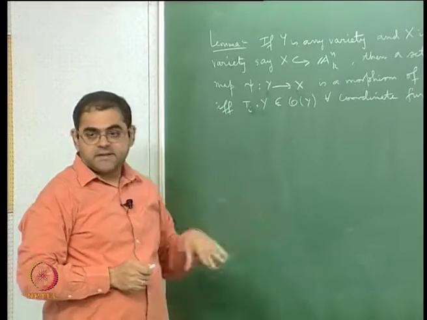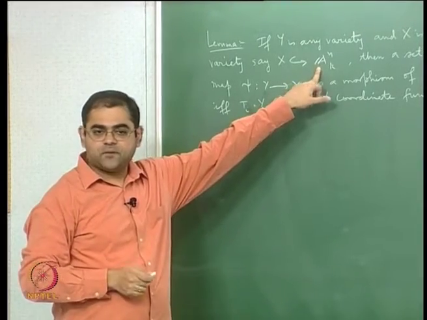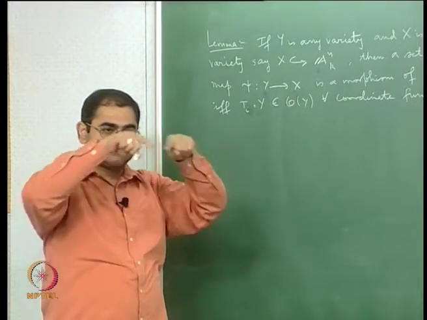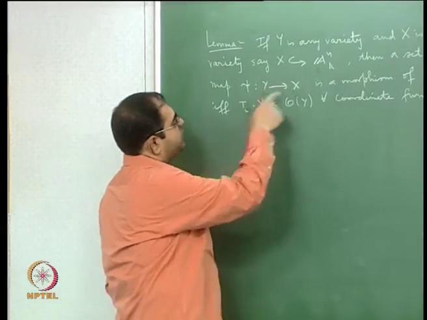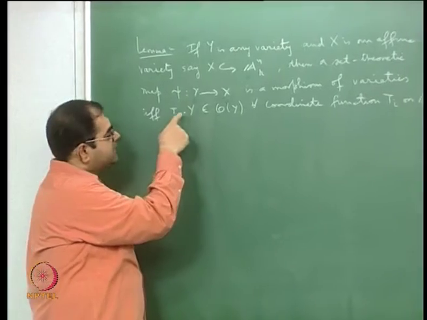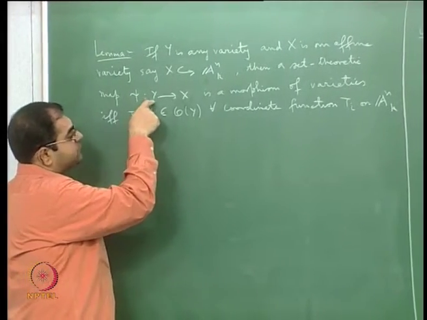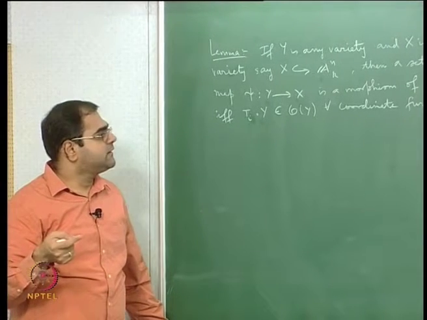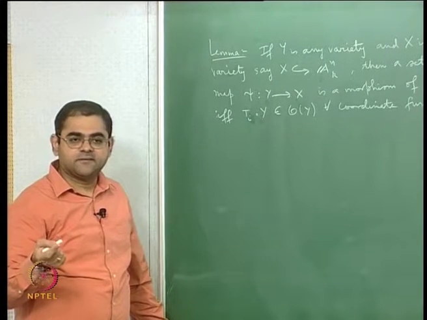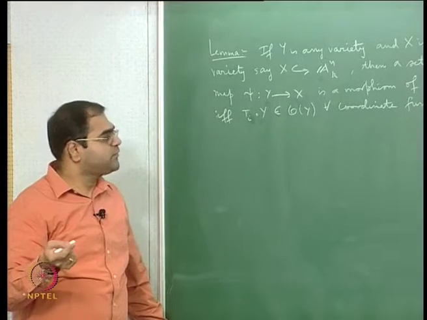The target variety is sitting inside some affine variety. On that affine variety you have the projections giving you the various coordinate functions. You compose this map with those projections, the resulting functions will be functions from y to k, and all you have to verify is that they are regular functions on y. So it's a very beautiful statement.